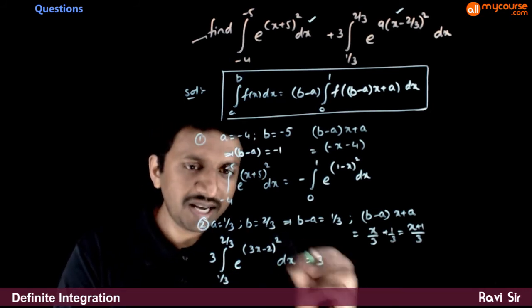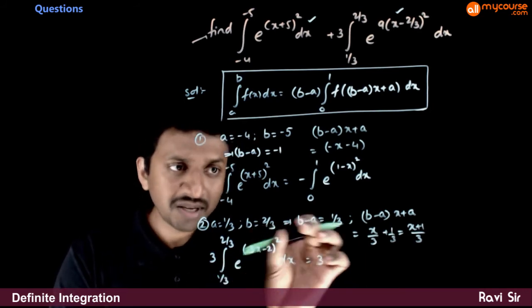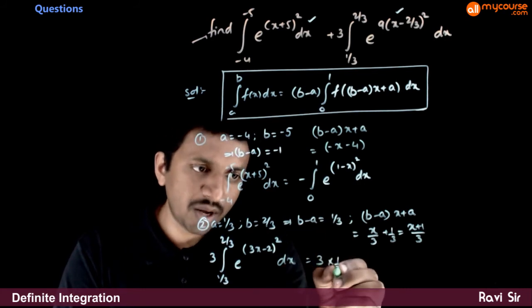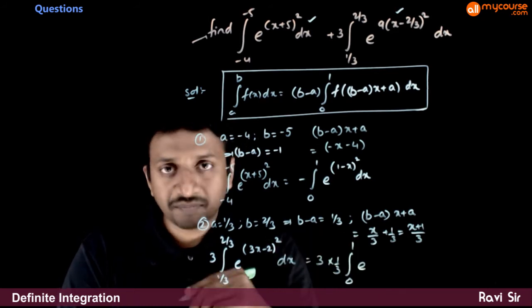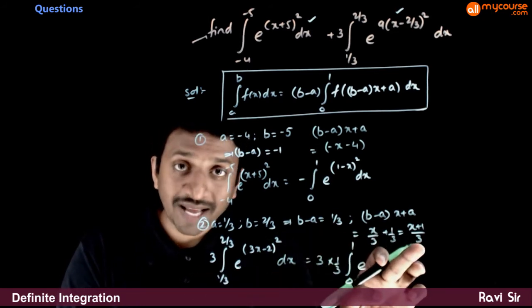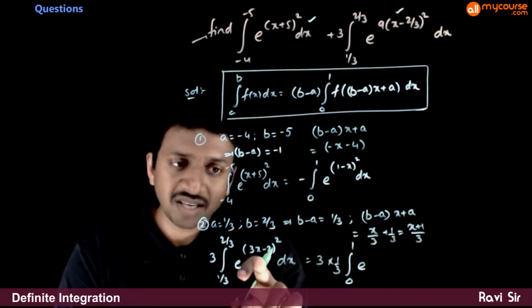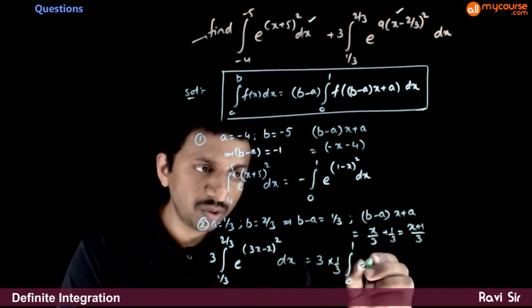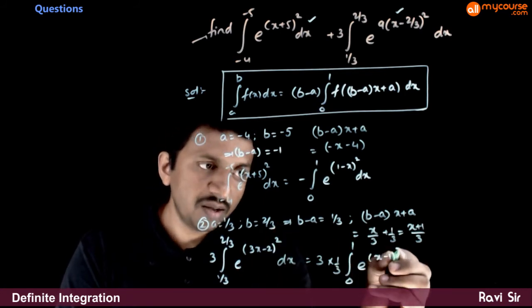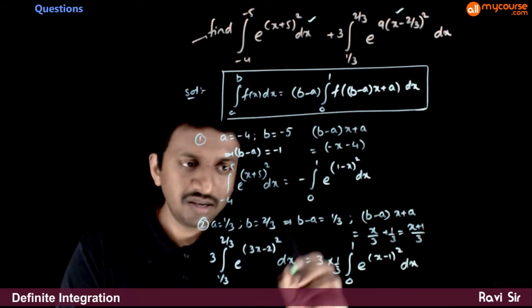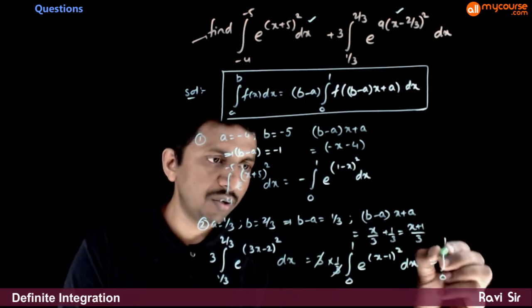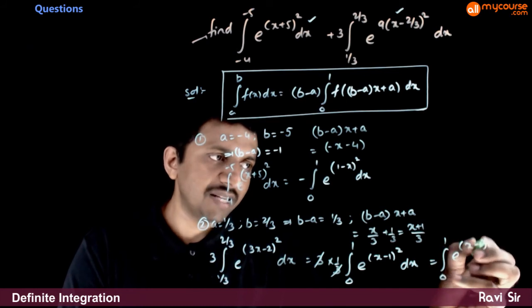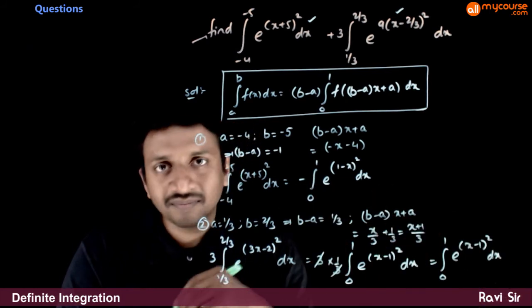That is equal to 3 times, this integral becomes b minus a times, that is 1/3, integration 0 to 1 e power. In the place of x, I have to put x plus 1/3. So 3x is equal to x plus 1 minus 2, which is x minus 1 whole square dx. So this 3 and this 3 get cancelled. That is equal to integration 0 to 1 e^((x-1)^2) dx.